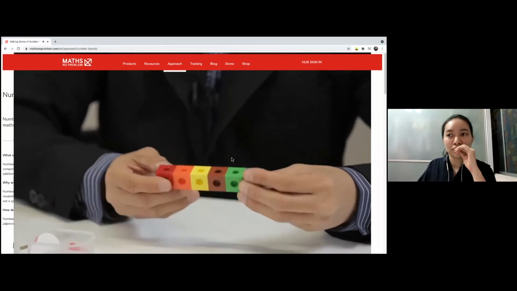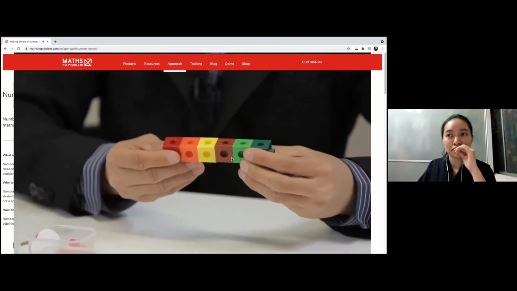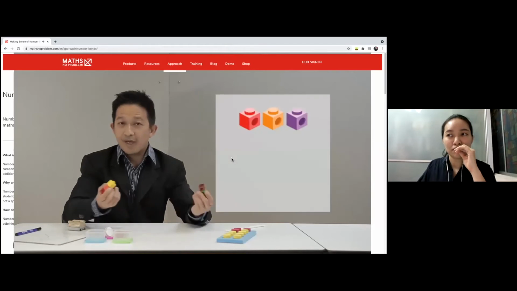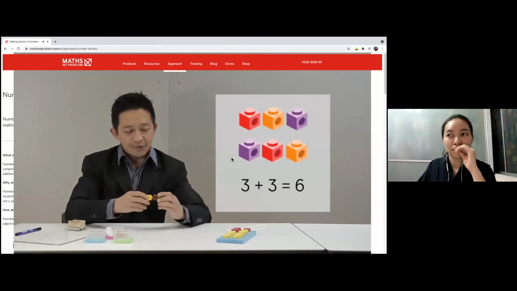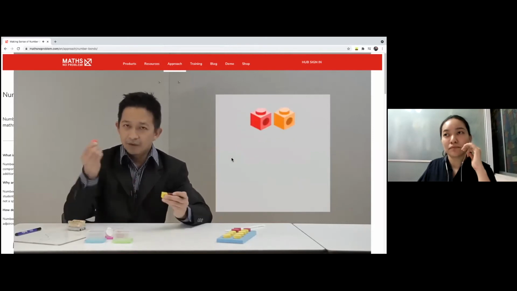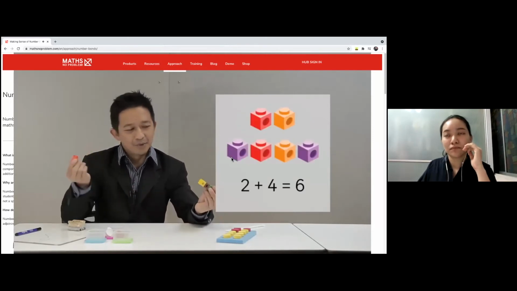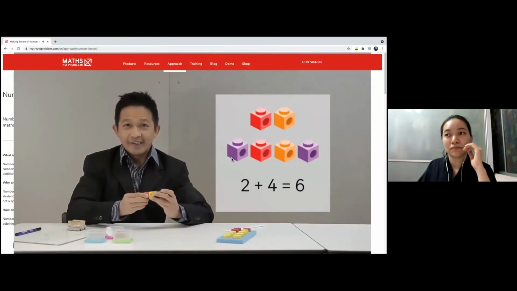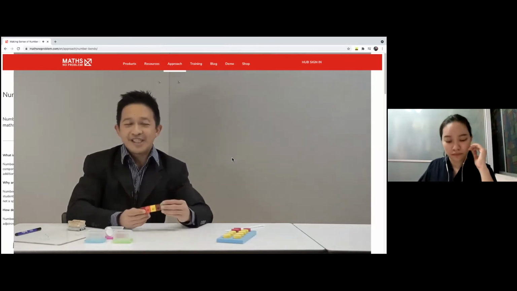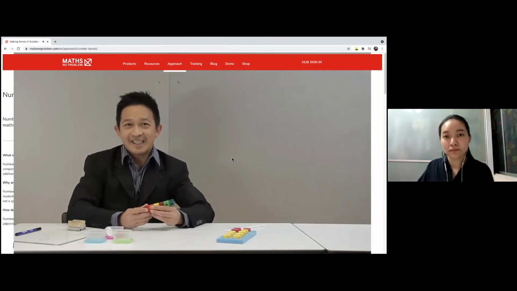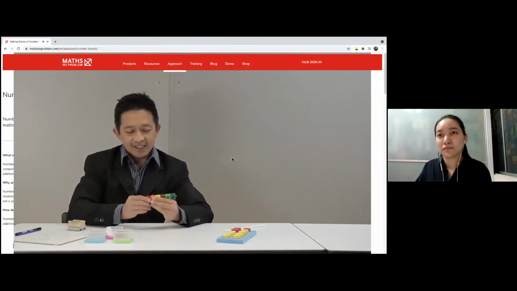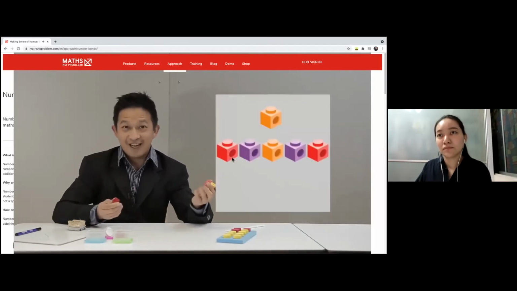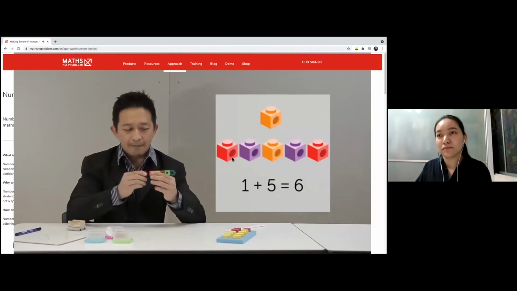So here the children will begin to realize that in this stick I have 6 cubes, and 6 could be 3 and 3. 3 and 3 makes 6. 6 is 2 and 4. 2 and 4 makes 6. So the action mirrors the mathematical ideas that they are learning. 6 is 1 and 5.